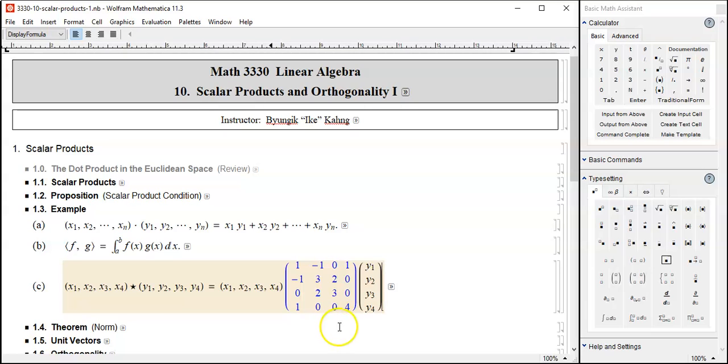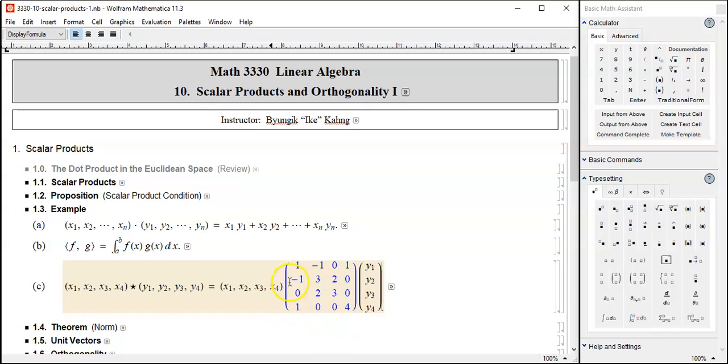Let me just verbally mention it. The determinant of this 4 by 4 matrix is positive. The determinant of this 3 by 3 matrix is positive. The determinant of this 2 by 2 matrix is positive. And finally, this determinant, this number, is positive. All positive, that means positive definite.